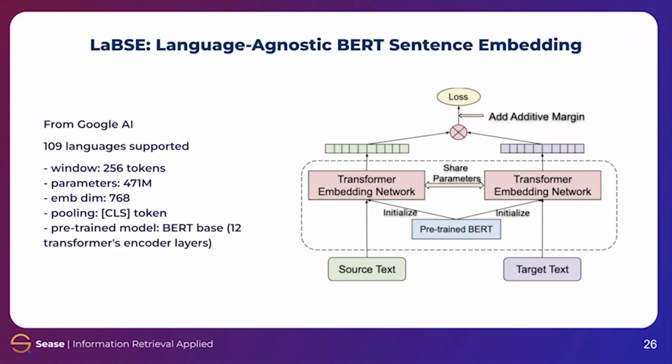For example, I just inserted some of the specific characteristics of this model to compare the three: after CLS token pooling, as I said before, half of the embedding dimension of the OpenAI text-embedding-3-small, and 12 layers of transformer, so it's built on BERT base.